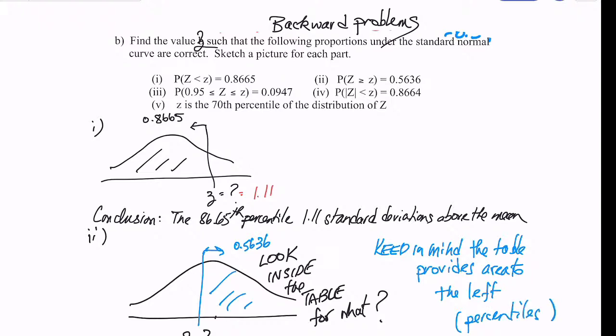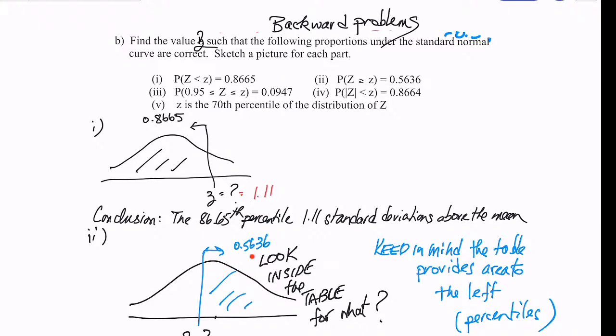Since the table provides you area to the left, the actual percentiles associated with z-scores, why don't we convert this into an area to the left?